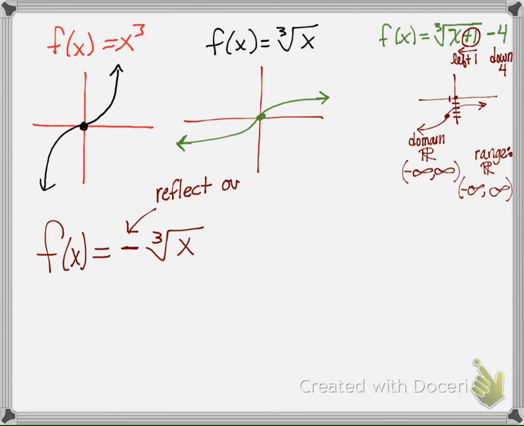You reflect over the x-axis. Okay? So, if the original went over the x-axis to the right, the reflection of it would be under. So it would look like this. So anytime that you've got the negative out front, that just means it's a reflection over the x-axis.